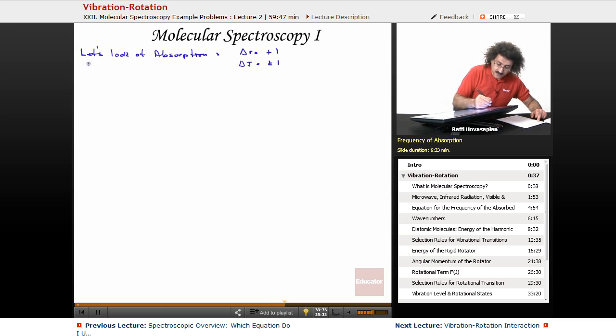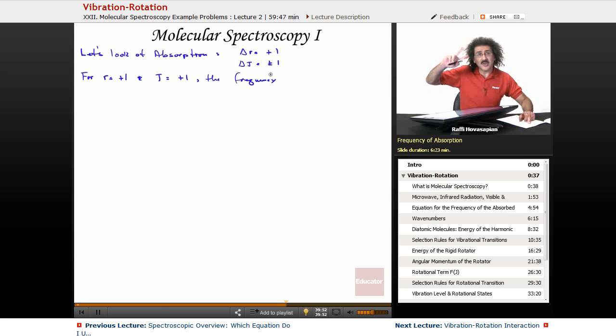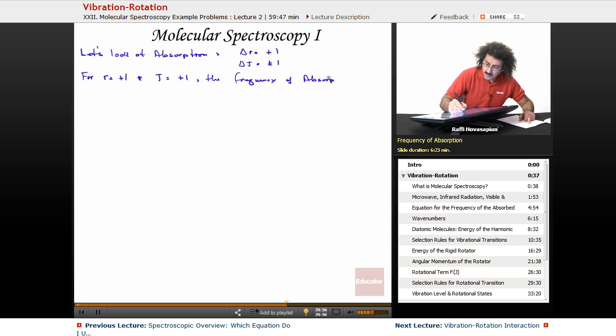Now, for R equals plus 1 and J equals plus 1, so we're going to have two cases, one plus 1, one minus 1. Plus 1, the frequency of absorption is the difference between two energy levels. The frequency of absorption is nu, what we observe or hope to observe.